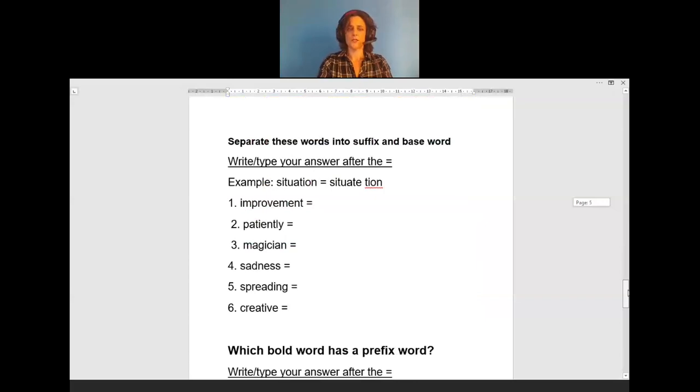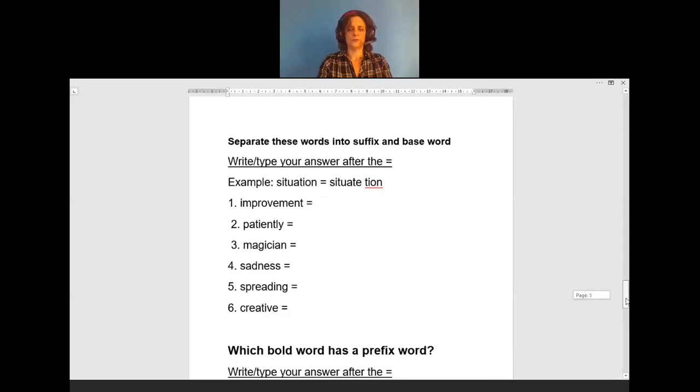The first part, you need to just separate into the original word and then the suffix. I just want to know what the suffix is. So I've done the first one. We've got situation. So situate is a word and then tion is the suffix. You can see here that situate, the base word, actually has an e on the end when you separate it out. Let's see if you can do the others.